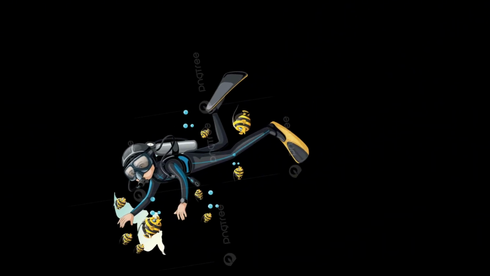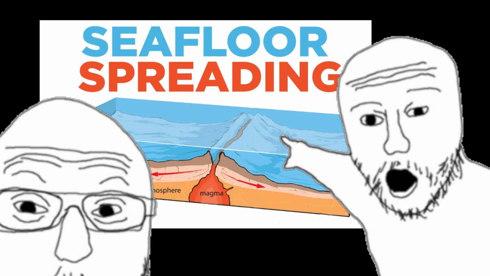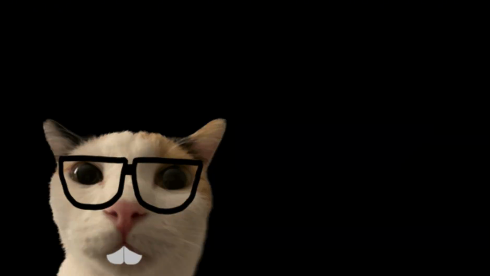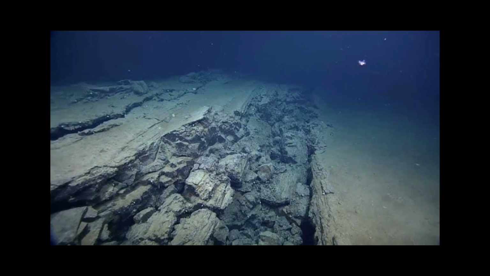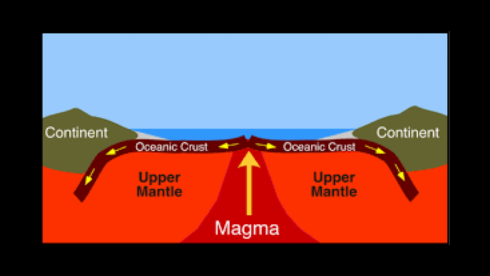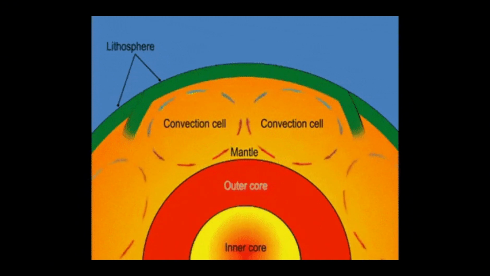Let's dive deeper into the process of seafloor spreading. It all starts at the mid-ocean ridges, which are essentially underwater mountain ranges where the Earth's tectonic plates are pulling apart. Deep beneath the surface, magma from the mantle is pushed upward through cracks in the Earth's crust, driven by convection currents in the mantle.